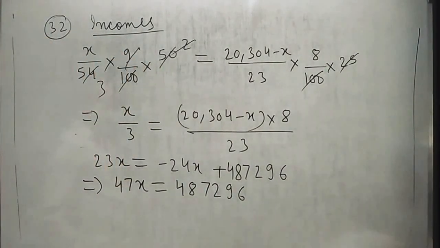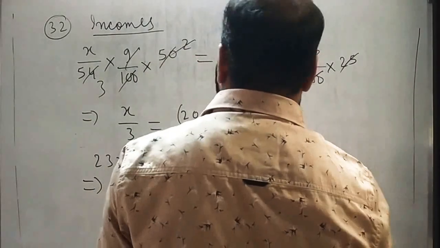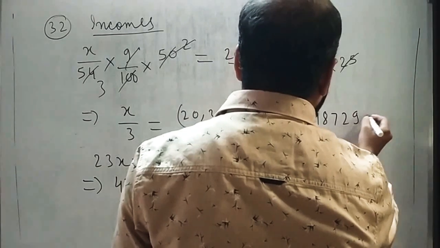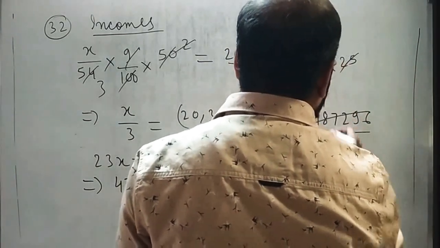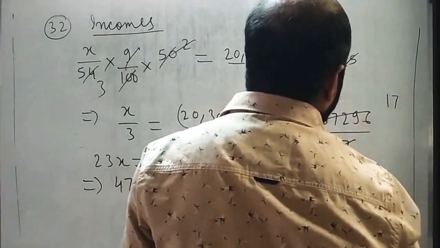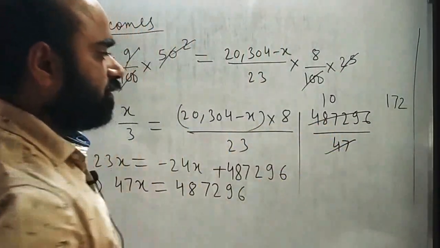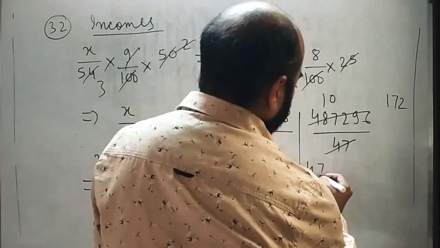Clear? Now we have to divide. So divide, that will give 487,296 upon 47. So first, so what is left? 1 7, so 0. So 172 means we can divide by 4.